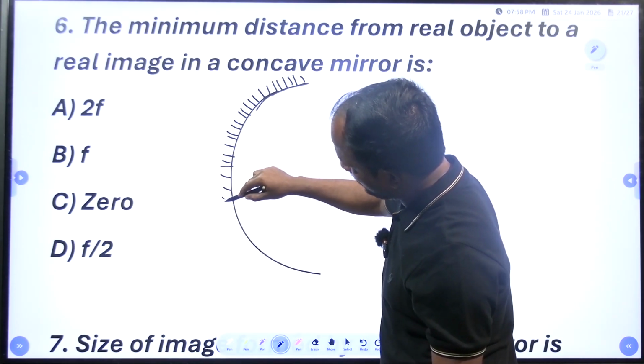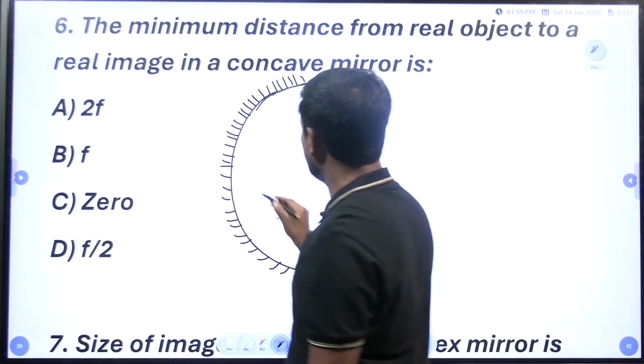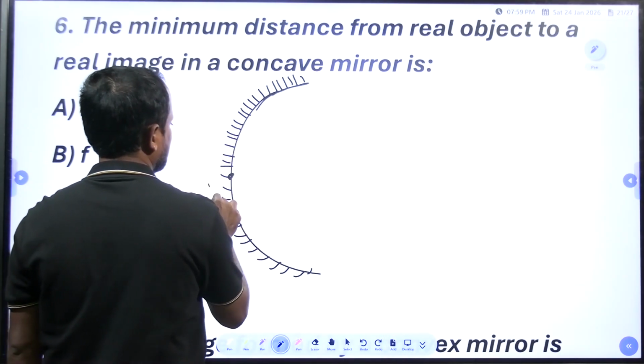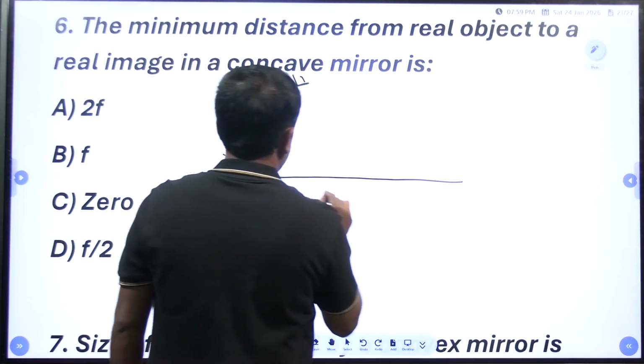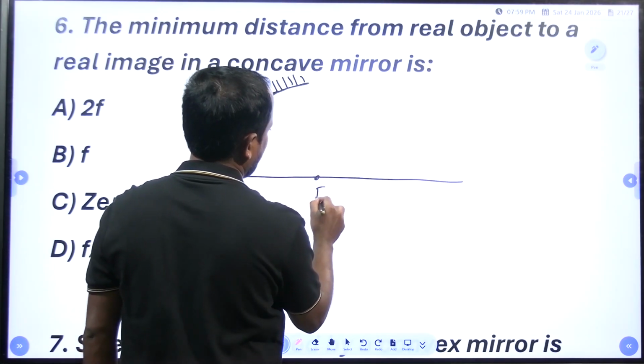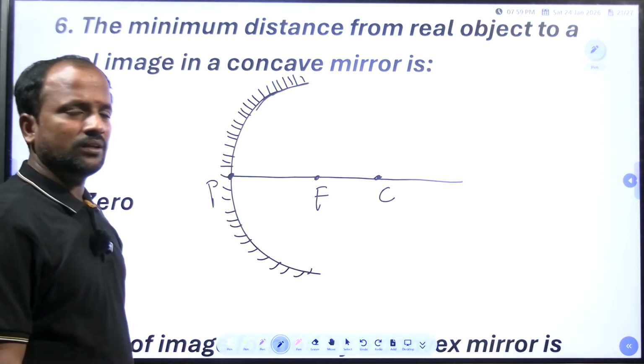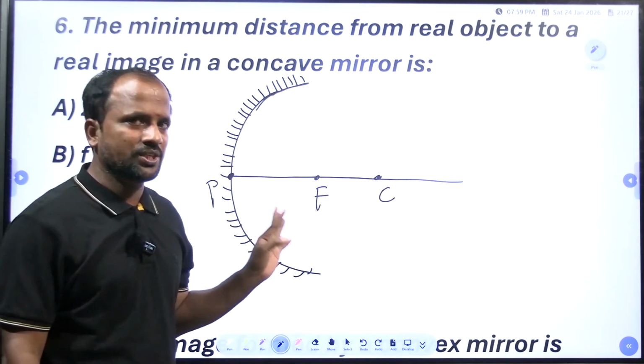If you take a concave mirror, in front of the concave mirror the object is placed at a particular position. I will explain it. See here, focus and center of curvature.